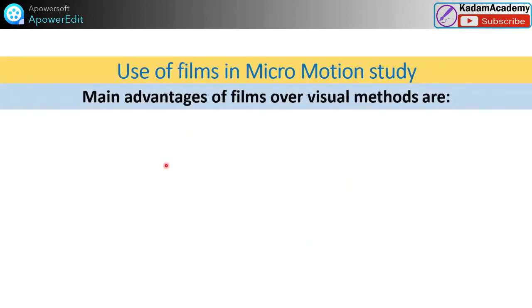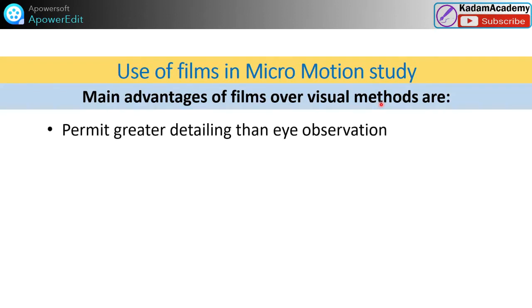After that, the use of these films in micromotion study. What are the main advantages of films over visual methods? If you observe visually, what is the difference or advantage of this filming micromotion study? It permits greater detailing than eye observation.